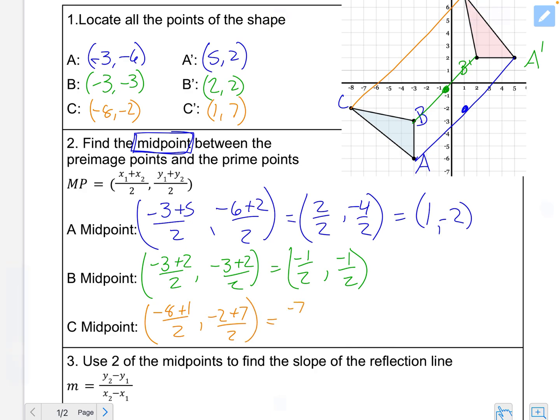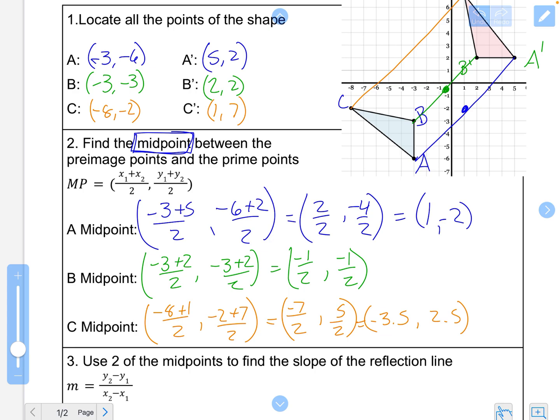So we get -7 over 2, and then we get 5 over 2. And if you need to turn that into a decimal, you can. It's -3.5, 2.5. Yep, that's about there on that line.